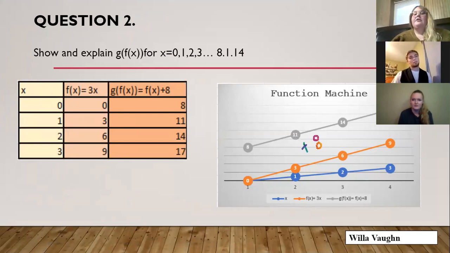So you're taking your answer from your f of x, plugging it in, and then adding 8. While 3 is down here in the orange, when you plug it in, you add 8 and it's going to be 11. So you're taking the f of x and plugging it in, and that's where you're getting g of x from.